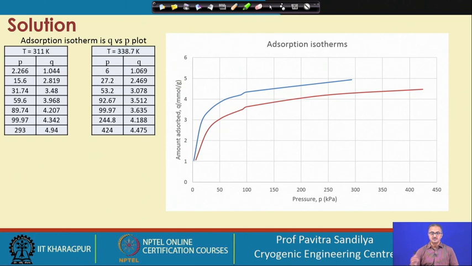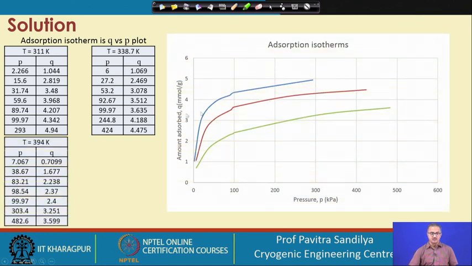Next we go to the next higher temperature and plot it, and we find that with the increase in the temperature the amount has decreased, as we learned that increase of temperature favors desorption and increase of pressure favors adsorption. So, the temperature has increased, and the amount adsorbed has come down.